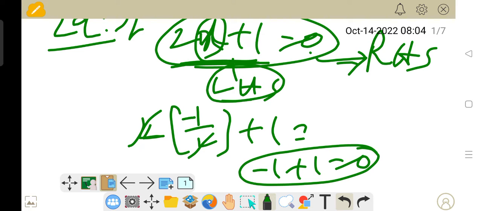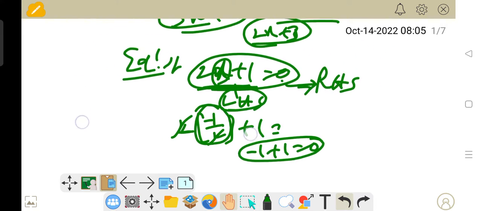Therefore, in the place of x, we have to write minus 1 by 2 only. Other than the value minus 1 by 2, it is not the solution. It's not equal to 0. That equation has a solution. An expression has no solution. This is the difference between expression and equation.